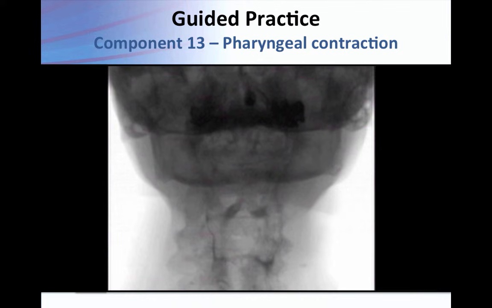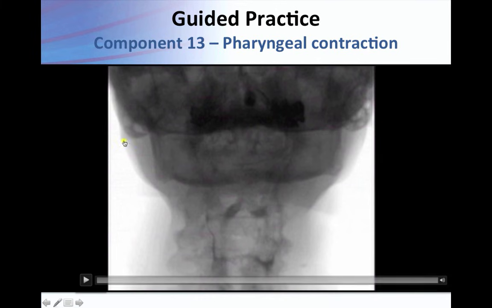get a good exam. If you look at this particular patient, this is the mandible here, and if you can ask the patient to slightly elevate the head, you don't want it extended back, but just at a neutral position, you get a really nice view of the pharynx. And so what you're looking at here, these are the lateral walls.